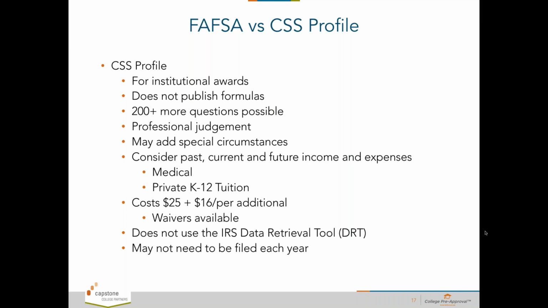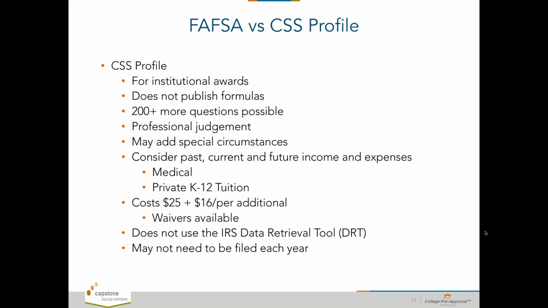And then on the FAFSA form, all these pieces of the puzzle, you really just put in your data and you submit. Whereas on the CSS profile, at the end, there's actually a place where you can write in special circumstances. So things like, I got a large severance package, but I've been out of work for 6 months. Your tax information isn't going to show that, right?